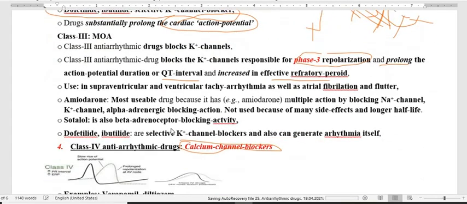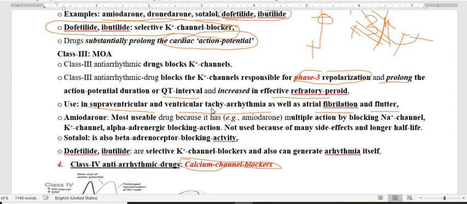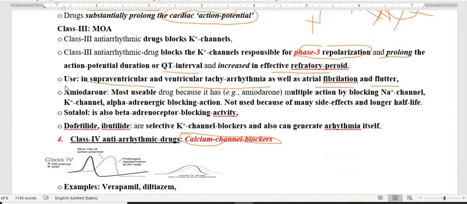Now, regarding the use of these drugs, they are used for supraventricular and ventricular tachyarrhythmia, as well as atrial fibrillation and flutter. As we already said, amiodarone and dronedarone, particularly amiodarone, not only block the potassium channel but also block the sodium channel, with alpha adrenergic blocking action.